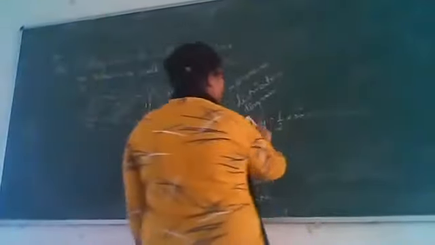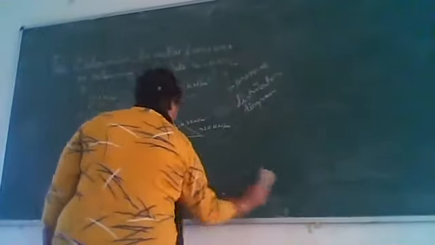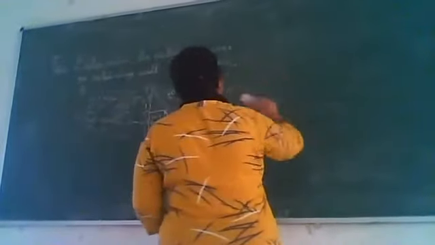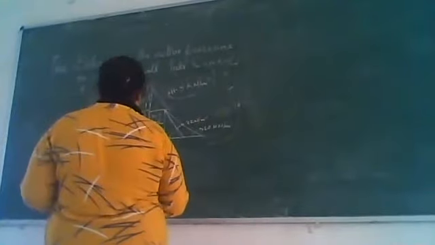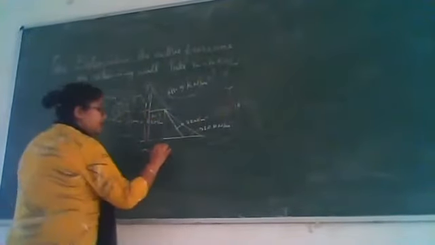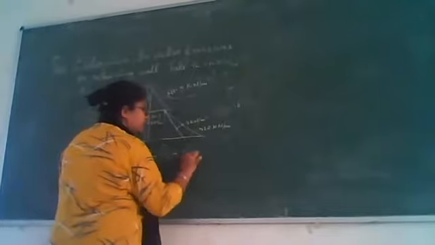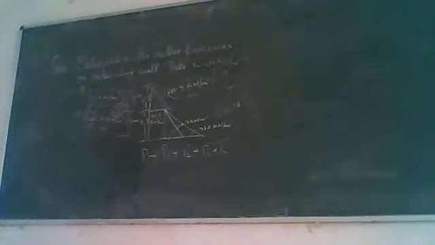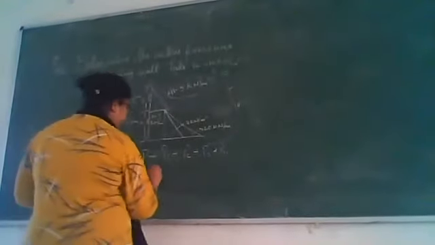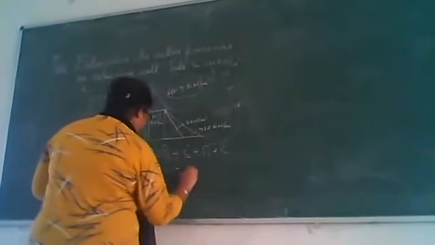Now, what are we doing next? Next thing is calculating P. What is P? For this case it is P1 plus P2 plus P3 plus P4. Calculating all of P1, P2, P3, P4 and adding them, my value will be 77 kilonewton.